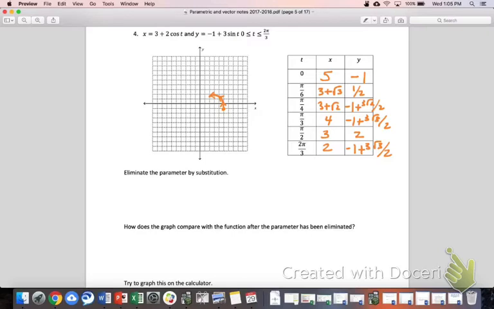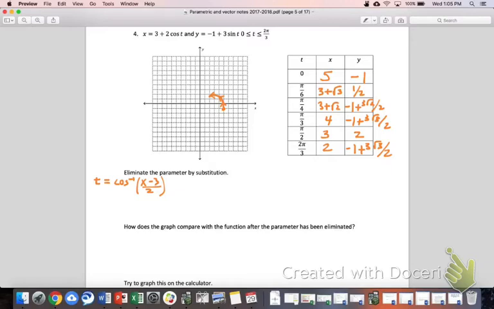If I solve for t in the x equation, t equals the inverse cosine of x minus 3 over 2. Does that make sense?